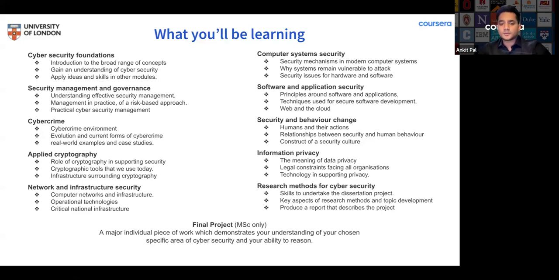And lastly, a dedicated project to demonstrate your understanding in a chosen area of cybersecurity. Well, each module comes with hands-on sessions and real-world case studies, offering a blend of theoretical and practical learning. Now, let's look at the next slide.